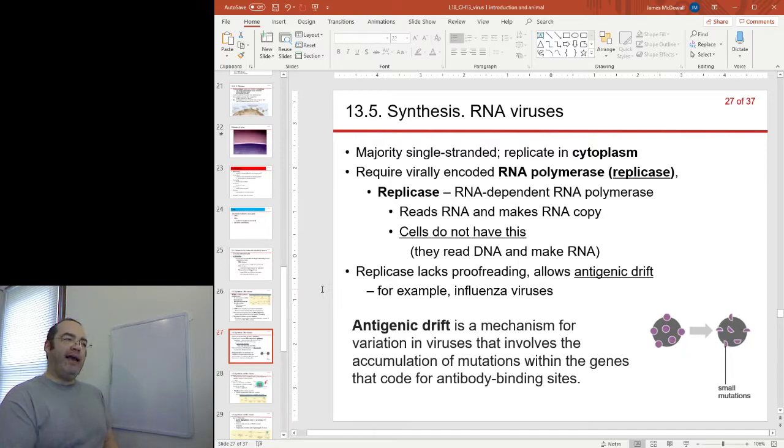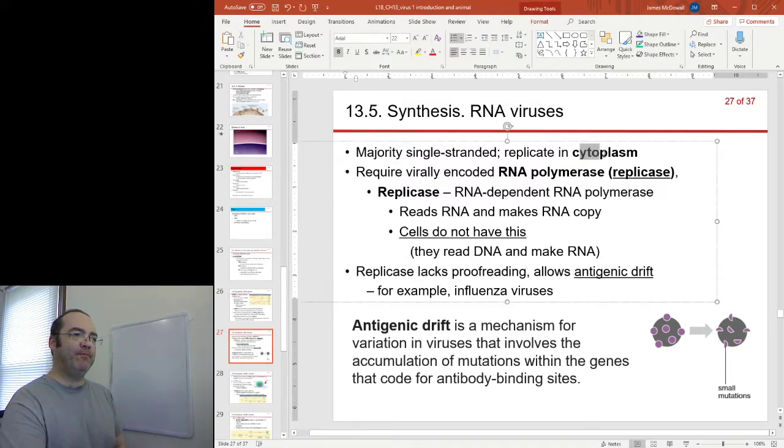On to RNA viruses. The majority of RNA viruses are single-stranded. They mostly replicate in the cytoplasm. They require a molecule called replicase. Replicase is a special kind of RNA polymerase.